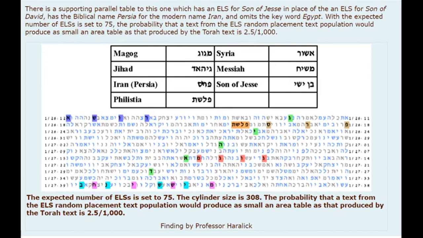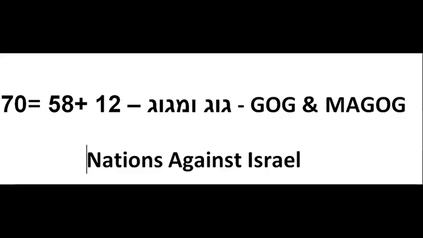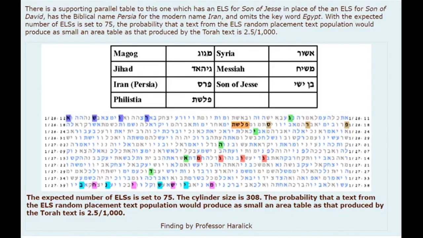So this we can see here, not Iran, you have Persia, which is what is used in the Bible, the Torah, and you have son of Jesse, Messiah, because all this GOG MAGOG, as we saw, will be a Cain, son of Jesse, son of David. So as I said, very interesting tables based on the idea that really GOG MAGOG are nations, the enemies of Israel, which we see today very, very clear.